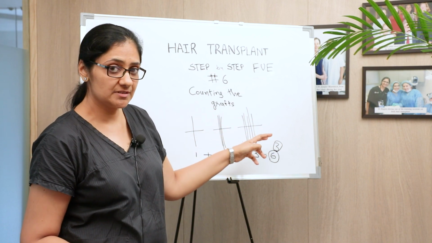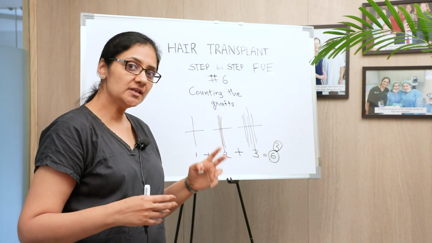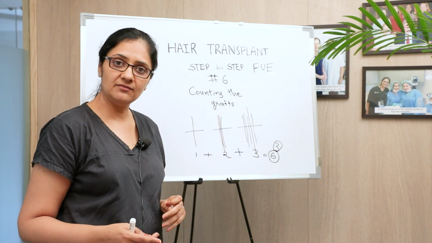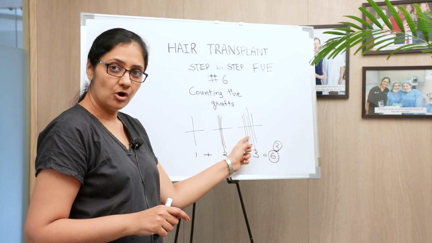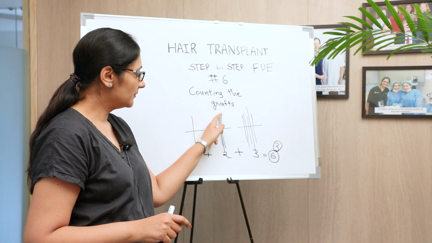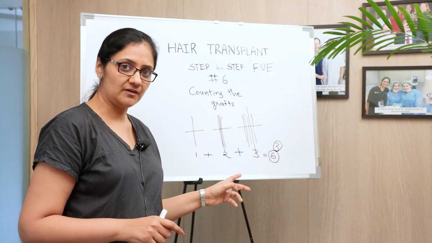They are not 6 grafts, they are 3 grafts only. So that is why when you are talking in terms of the number of grafts, one needs to clarify: are we talking in terms of grafts or are we talking in terms of hairs? Because the number of hairs is always more than the number of grafts.